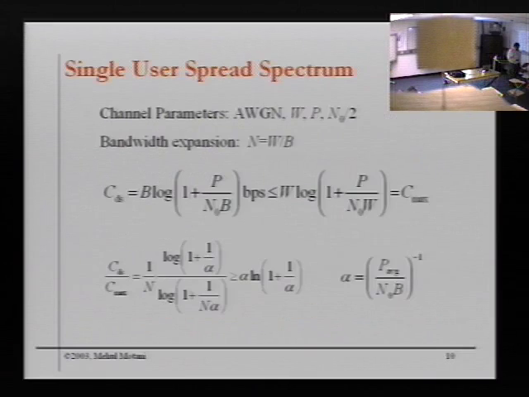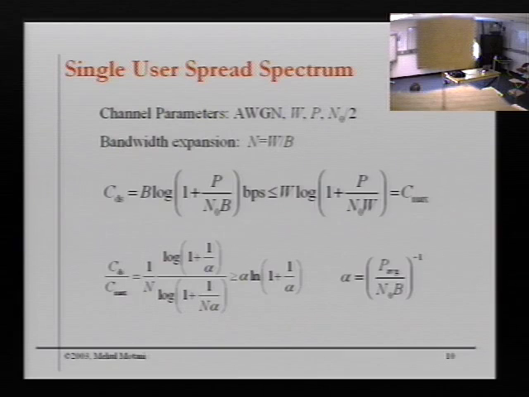Okay, so Massey used this notion to look at the effect of spreading. In a single user system, we have a single user on an additive white Gaussian noise channel with usable bandwidth W, average power constraint P, and noise power spectral density N0 by 2. And so my bandwidth expansion is W by B, where B is my information bandwidth.